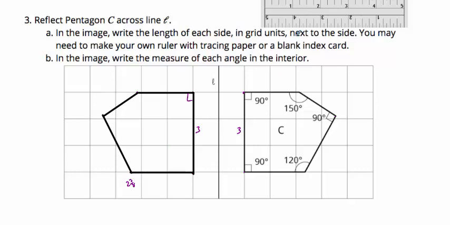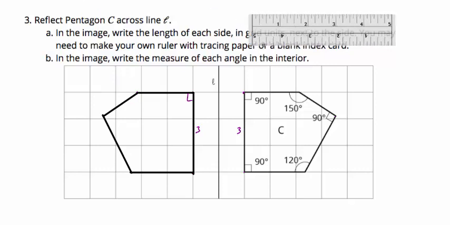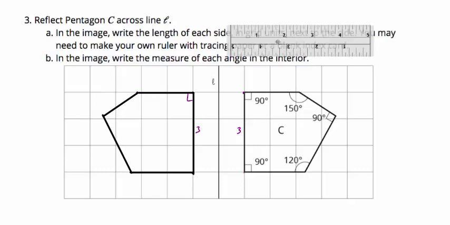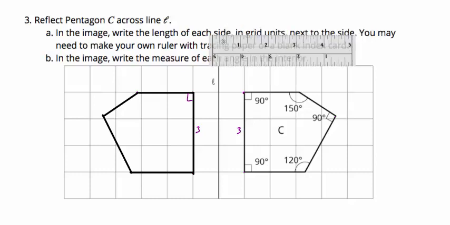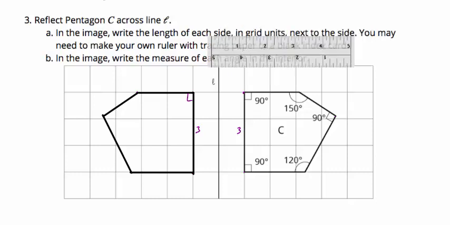We can measure it. Let's see, what's this? Centimeters? No, those are, well, we don't know. But these are in eighths. So if we say this is 2 and 3/8, let's see how close I was.